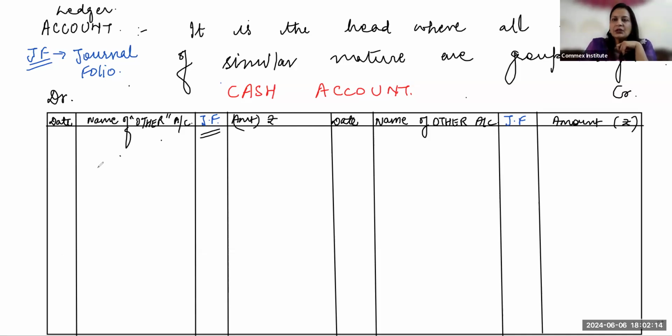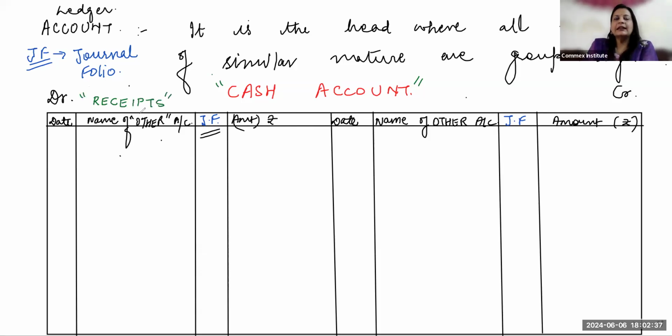Now, bacho, in the cash account, on the debit side, please listen to me carefully. This is important. Now I'm coming to the important thing, how an account will be prepared. The most important line: when we talk about the cash account, on the debit side we put all the receipts of cash. Please write.